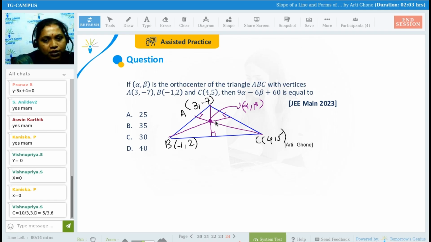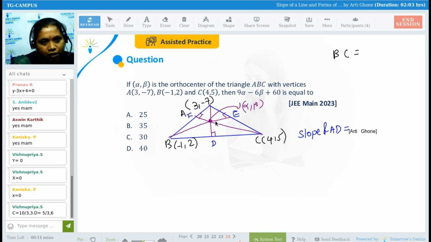Now what will be the slope of AB? What will be the slope of BC? If I take points D, E, F at the points of intersection, clear? So what is the slope of AD?